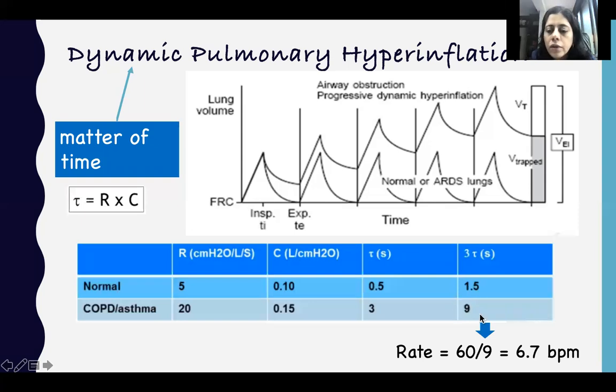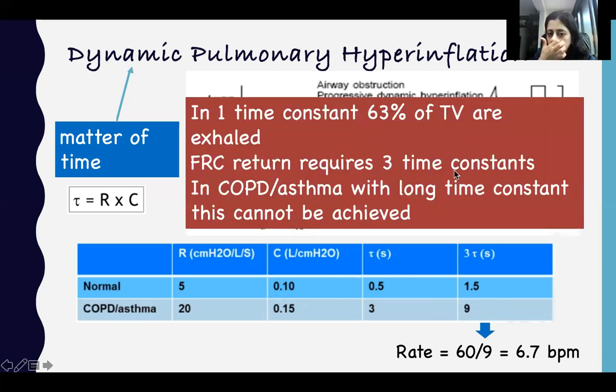To achieve this complete exhalation throughout each breath cycle, a COPD or asthmatic patient could take less than 7 breaths per minute, which is definitely not physiological or possible. This can never be achieved in a patient with COPD or asthma.